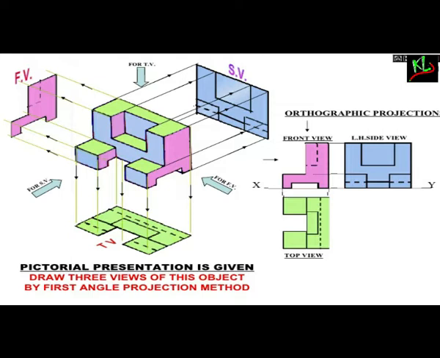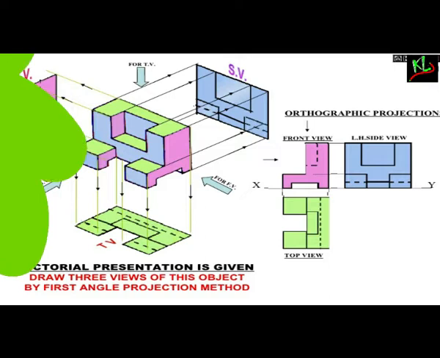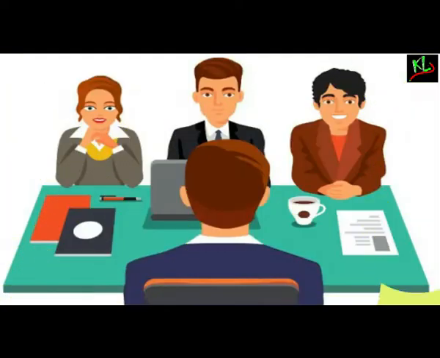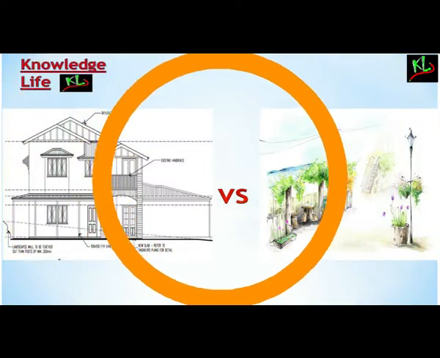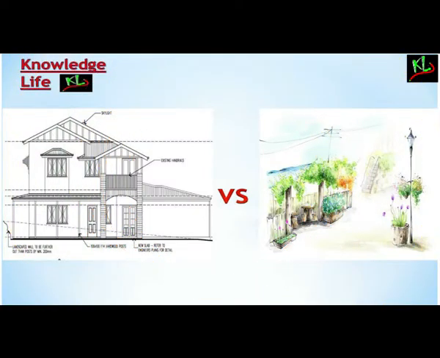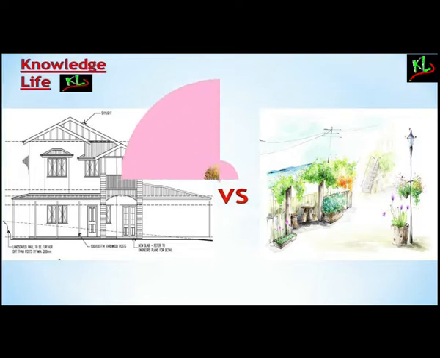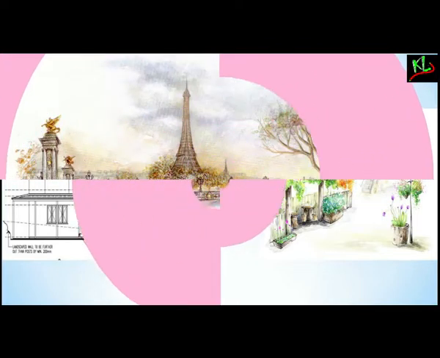So here we have learned what engineering drawing is, just an overview, but there is one very important question from here itself. Let me tell you what that is. From this portion, an interviewer may ask you what the difference is between engineering drawing and artistic drawing. We have already learned about engineering drawing, so let me move on to artistic drawing.